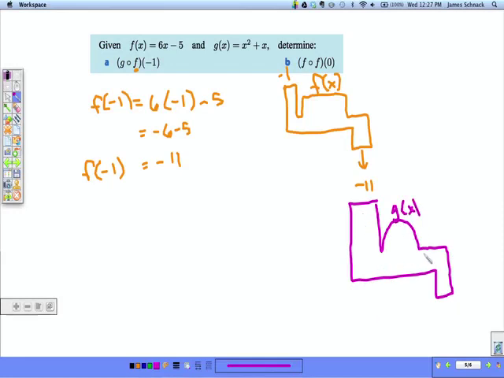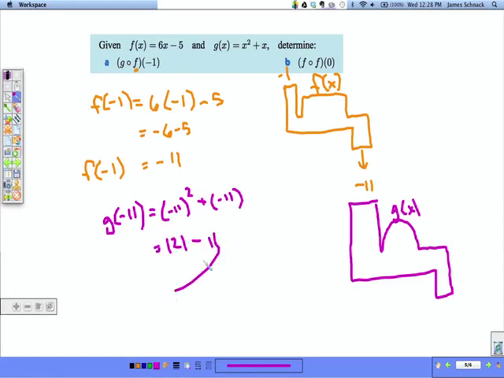So negative 11 comes in, what's going to come out? So what I'm really finding here is g of negative 11. g says to take x squared plus x. 121 minus 11 is 110.